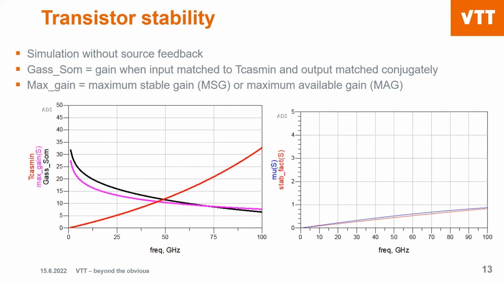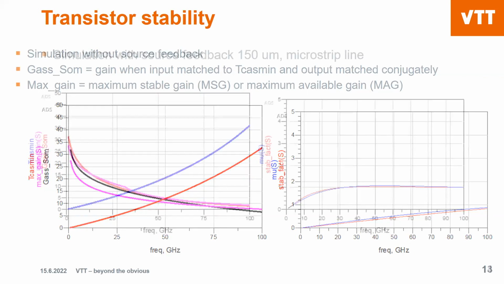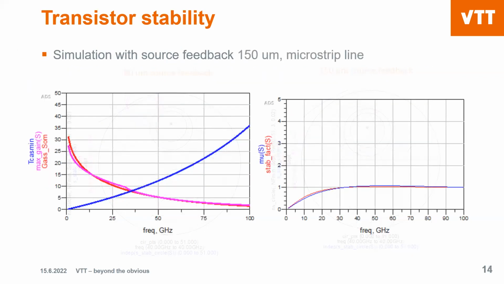Okay, let's go to the next slide. Now I added feedback to the source, a 150 micron long feedback. I can see that at 40 gigahertz or below, I have now improved the stability so that the transistor is unconditionally stable for all passive loads at the input and output.